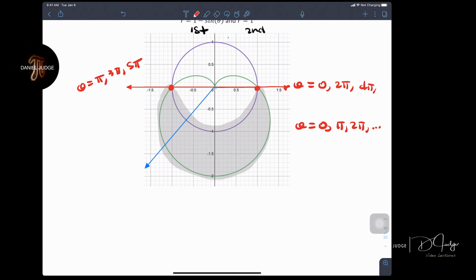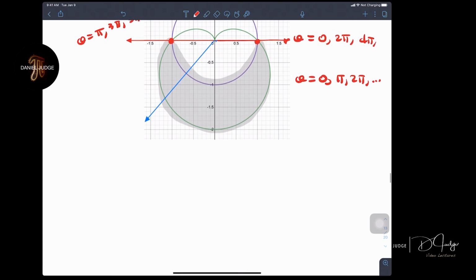So when I try to find the area of this region, I can do it this way. I can say this angle theta in general is between, if I put it here, theta will be between pi and 2 pi.